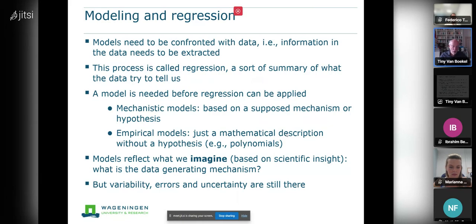It is a human way of dealing with the world around us. And the basic question for us as scientists is, what is the mechanism that causes the data? But when we collect data, as we also saw yesterday, we always will have variability, errors, and uncertainty, and we need to deal with that.